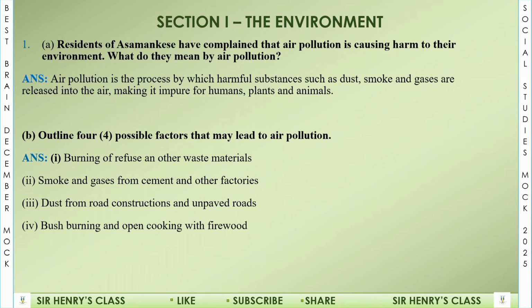So these are factors or some causes of air pollution. Also, the use of generators that release smoke can also cause air pollution.